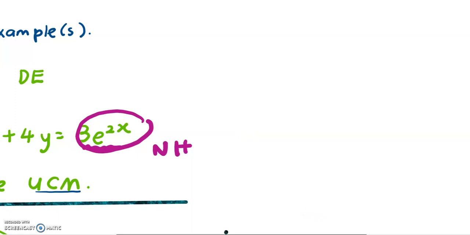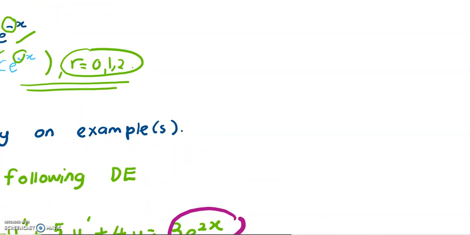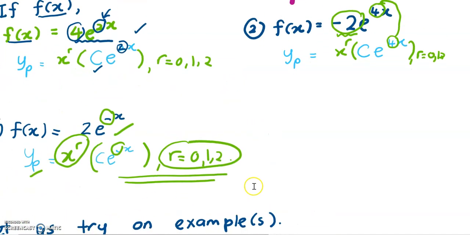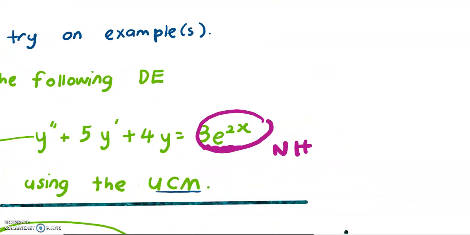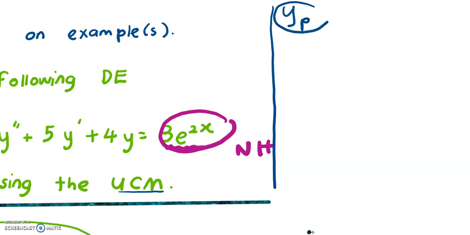As you know previously, this is the second case, C e^(kx), where this question is 3e^(2x). Now we want to find the solution of yp. In order to find yp, the particular solution, this is not where we substitute the initial condition.